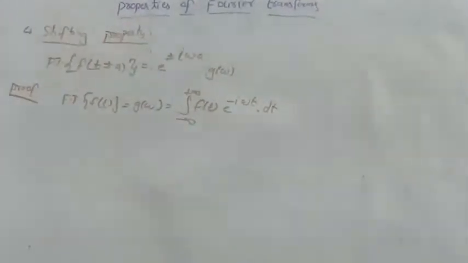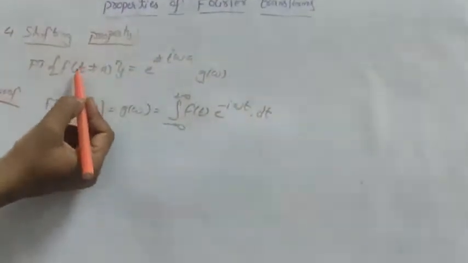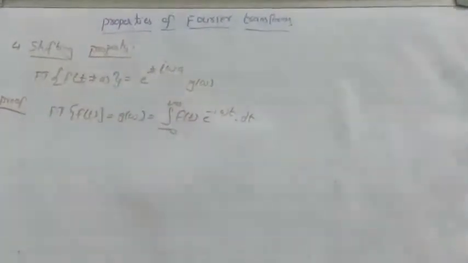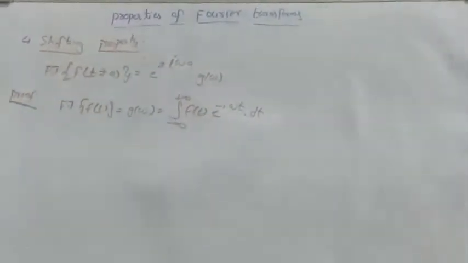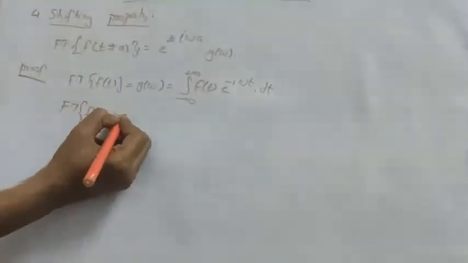Now, what is the given function? Just in place of f of t, they have given f of t plus or minus a. Okay, very simple solution. Now, the same thing I am going to express. Consider the LHS, that is the Fourier transform of f of t plus or minus a.